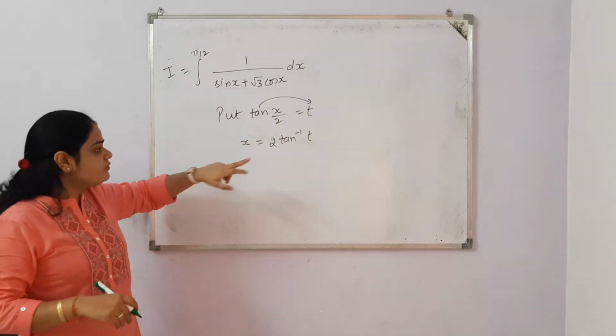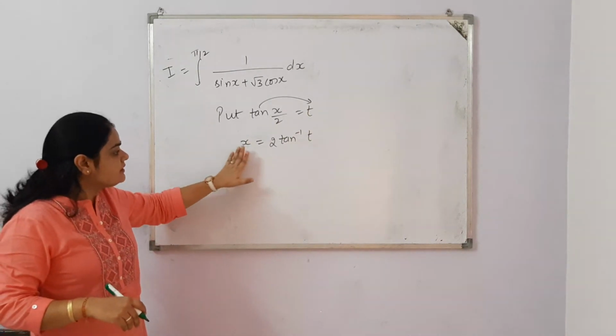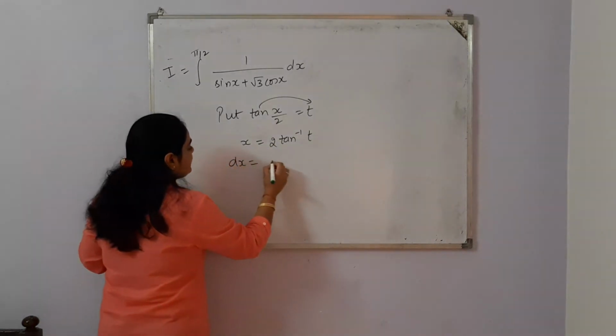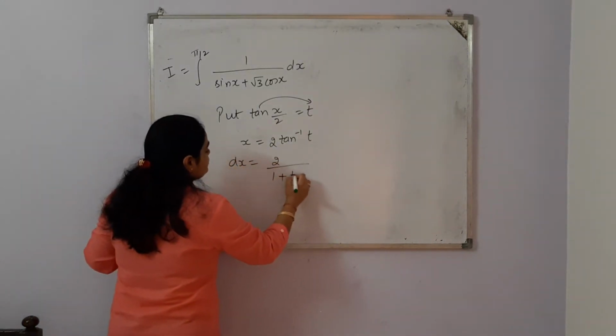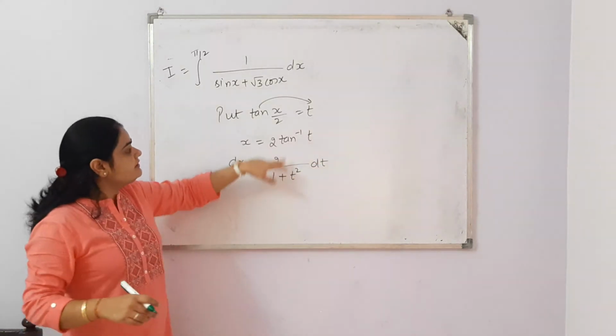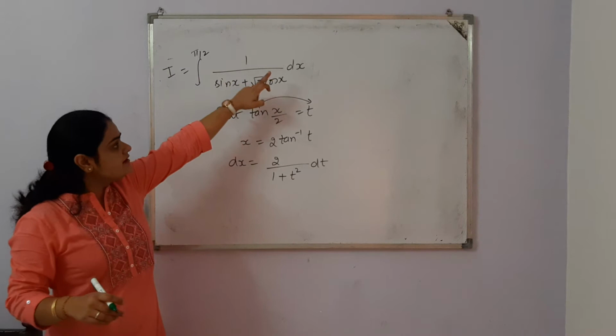So x is equals to 2 tan inverse t. After differentiation, I get dx equals 2 upon 1 plus t square dt.